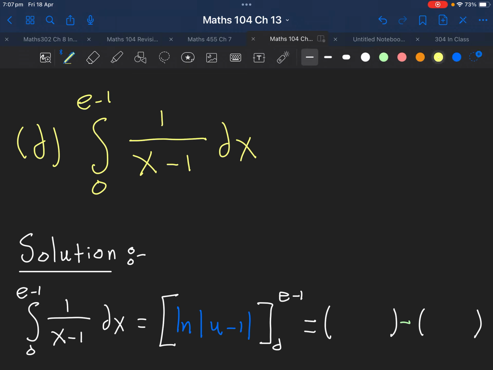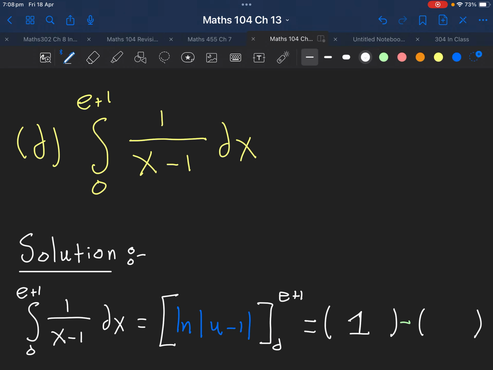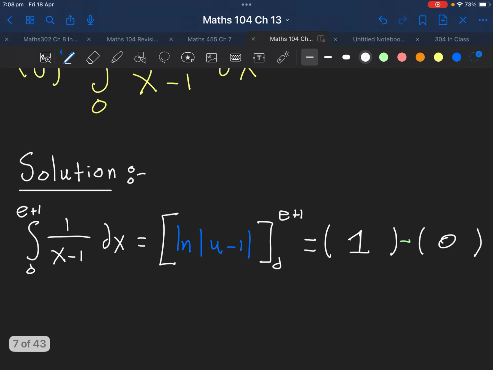If you do it in your calculator, you will get 1. Now, if you plug in 0, you will get ln of the absolute value of -1, which is the same as ln of 1, which ln of 1 in your calculator is just 0. So this will be 0. So the final answer is just 1.